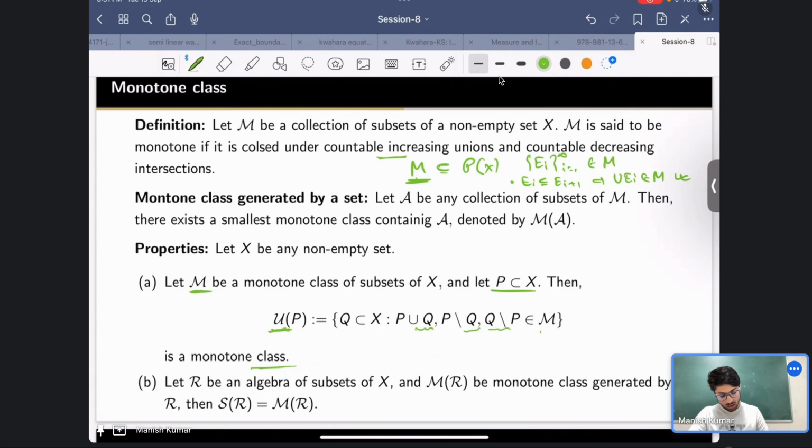And if R is an algebra of subsets of X, then the monotone class generated by R will be nothing but the sigma algebra generated by R. So suppose you have R, which is an algebra, then the sigma algebra generated by it and the monotone class generated by it will actually coincide.